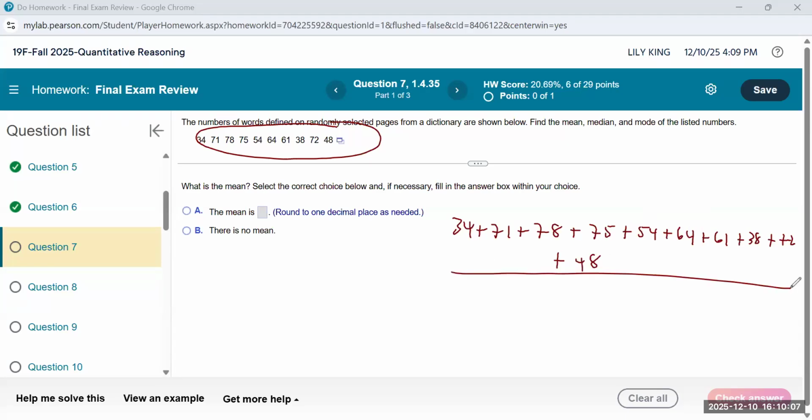Divide the whole thing by how many? 1, 2, 3, 4, 5, 6, 7, 8, 9, 10 to get the mean. This gives a total of 595, and 595 divided by 10 gives a mean of 59.5.